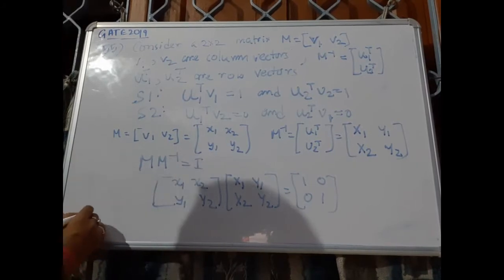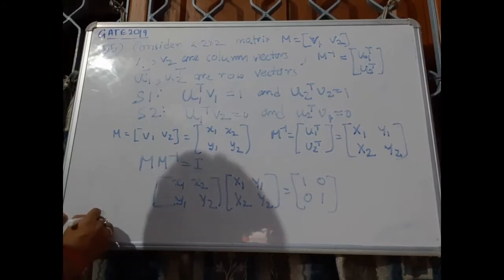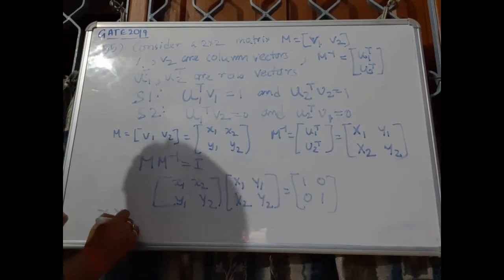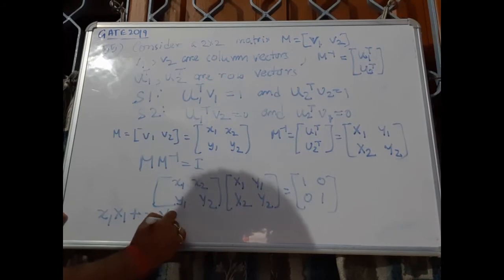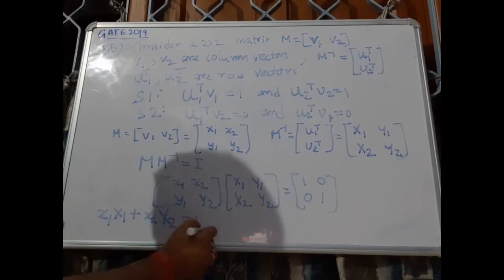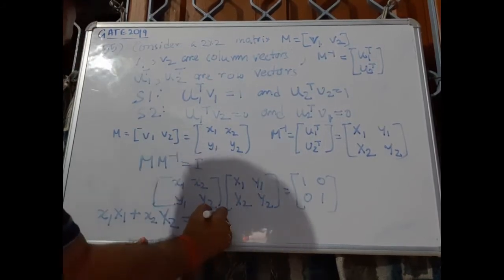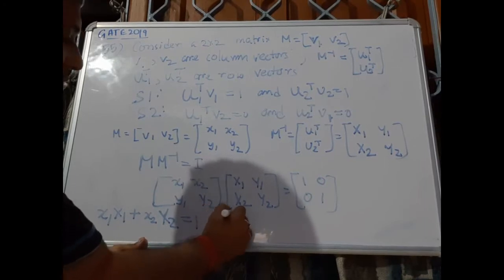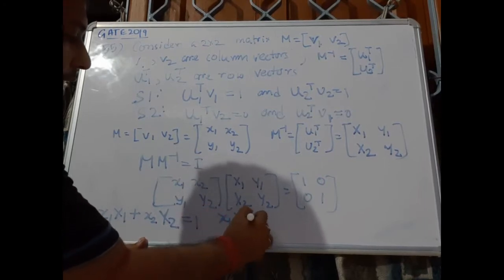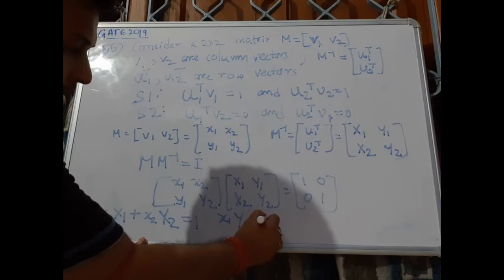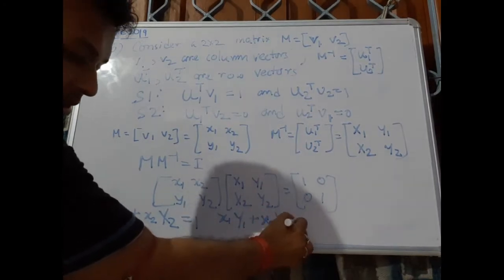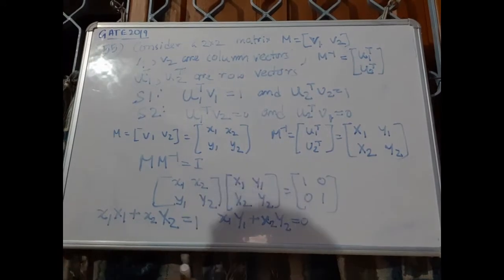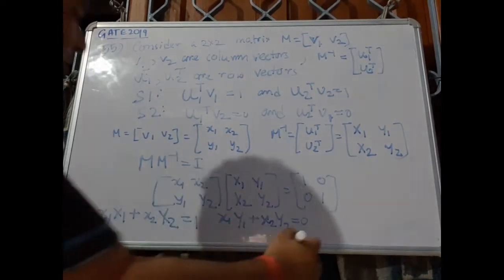Now if I multiply these two matrices, what we have is small x1 capital X1 plus small x2 capital X2 equals 1. Small x1 capital Y1 plus small x2 capital Y2 equals 0.